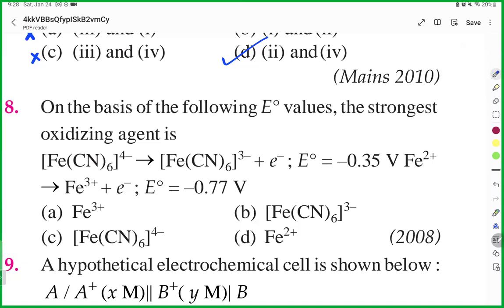Tuhina, eighth question. Strongest oxidizing agent means? The one that reduces the most? Yes, reduction. So you have minus 0.35 and minus 0.77. Which one is more?